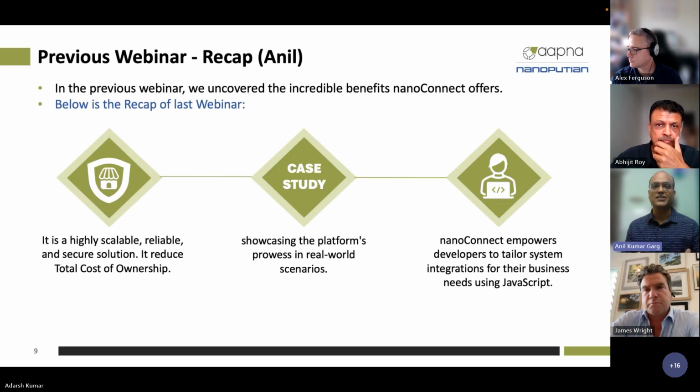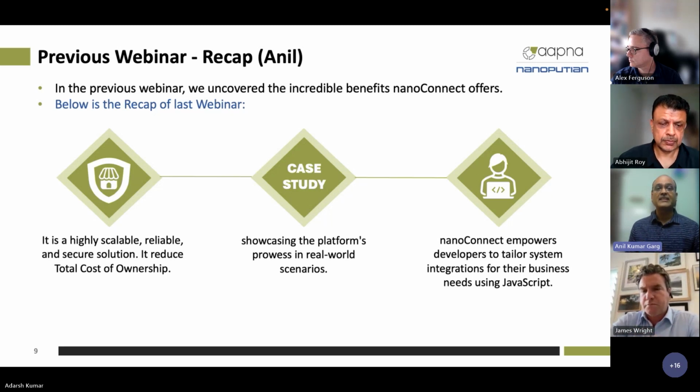on serverless integration. I'm excited to continue our discussion and delve into what we explored during our deep dive into NanoConnect. We uncovered the incredible benefits NanoConnect offers. It is a highly scalable, reliable, and secure solution. The one key point we discussed was how it can significantly reduce total cost of ownership, which is a goal every organization strives for.